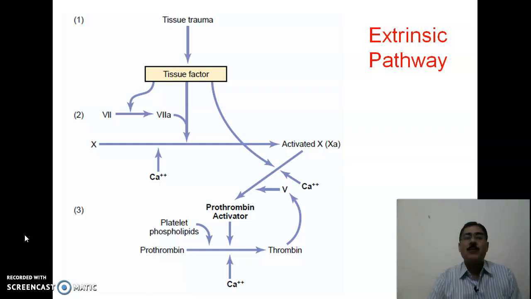This prothrombin activator in presence of calcium ion and phospholipids from platelets, which is known as the PL factor, converts the prothrombin into thrombin, and this thrombin again activates the factor number 5, and the process goes on.